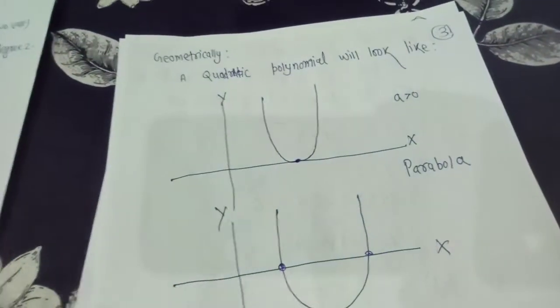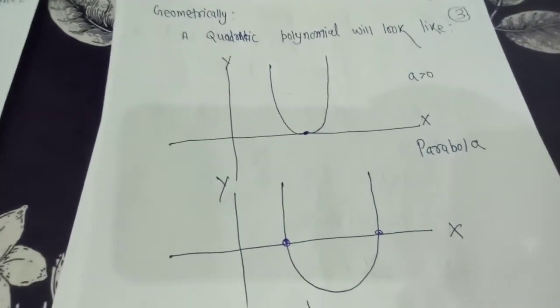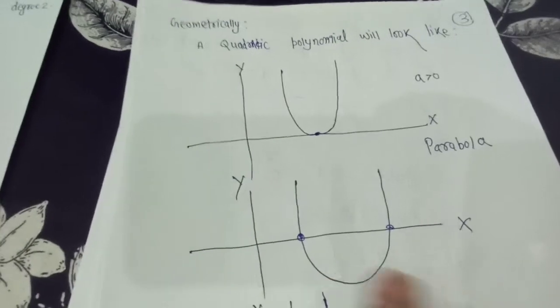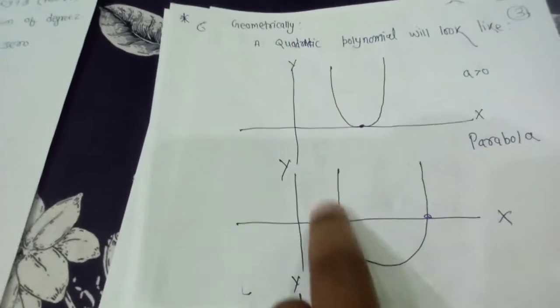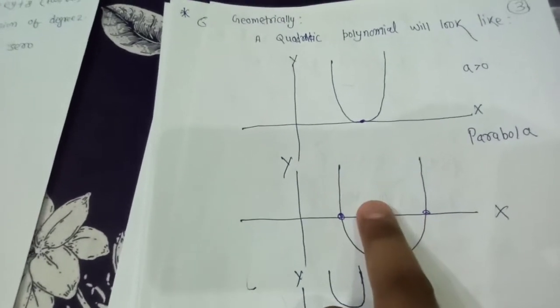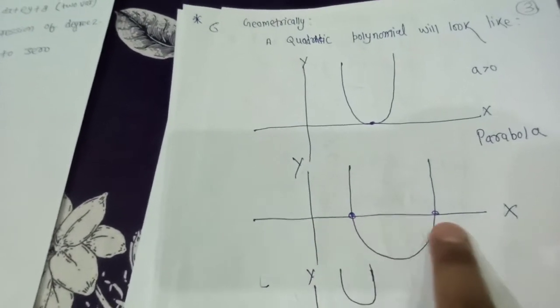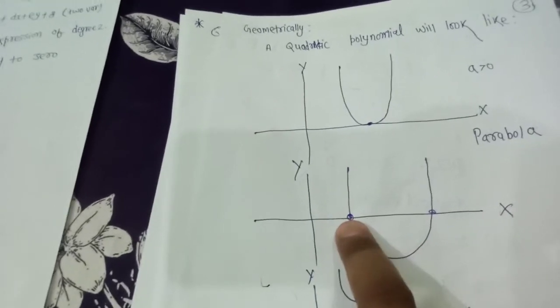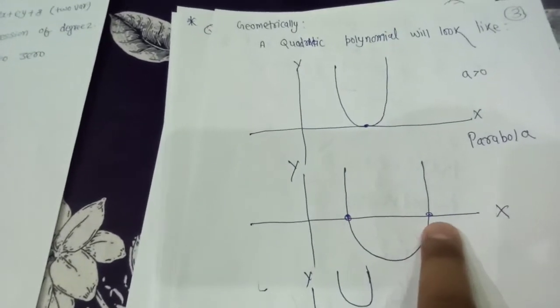Suppose a quadratic polynomial has 2 distinct zeros, then this parabola will intersect the x-axis at 2 points, and these 2 points are at x equals some value, suppose here x equals alpha and here x equals beta.